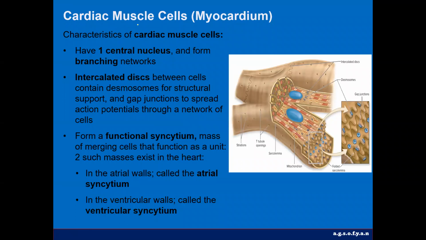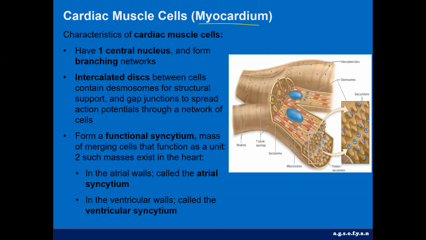Okay, cardiac muscle is also known as the myocardium. Myo means muscle, cardium means the heart. So the cardiac muscle, if we compare it with the skeletal muscle, is shorter.